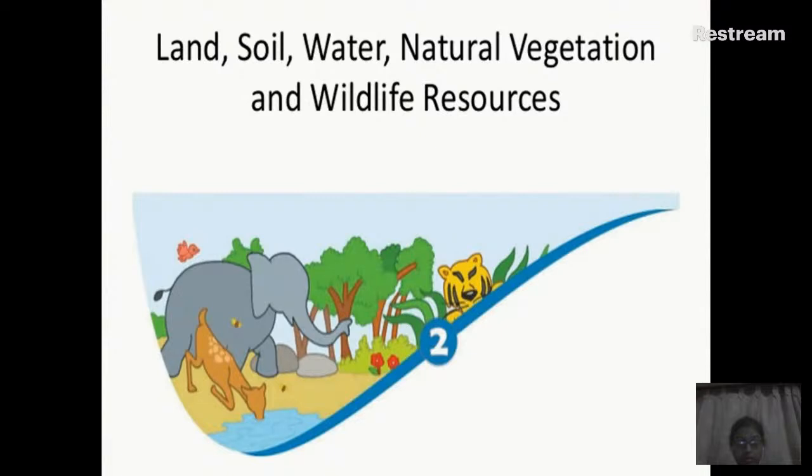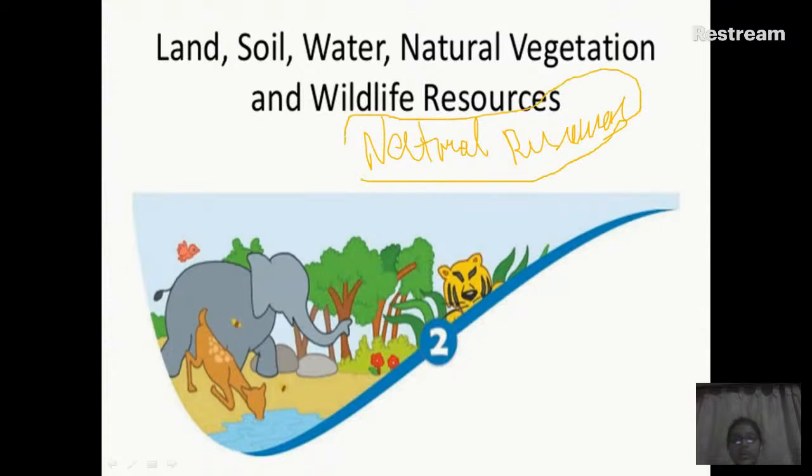Land, soil, water, natural vegetation, and wildlife resources are all natural resources, right?